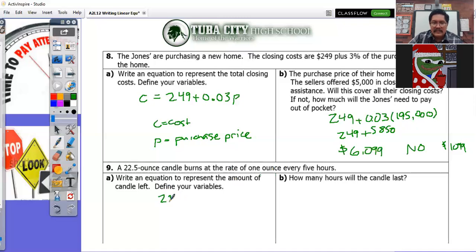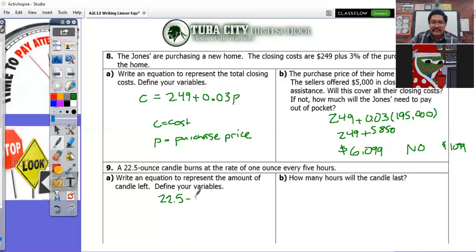So we start with 22.5 minus, and this is the hard part, because you might say 5x, but that would mean every hour it burns 5 ounces, which is not true. It burns 1 every 5 hours.